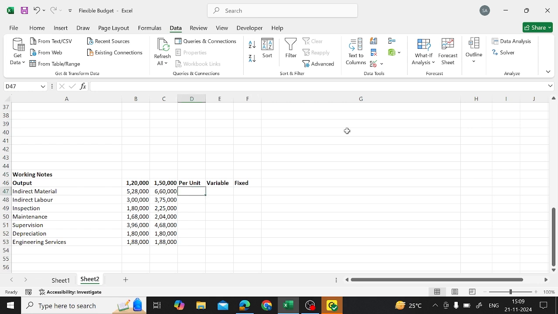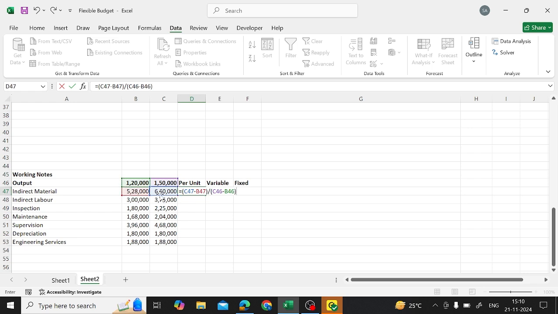Now how will I find out how much is variable per unit? For finding the per unit variable cost, the formula is to take the difference between the costs at the two levels of output, then divide it by the difference in output, or you can say change in cost divided by change in output.